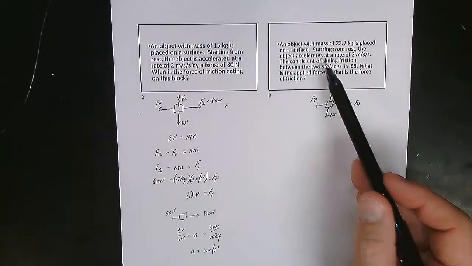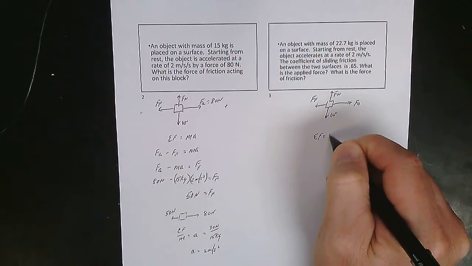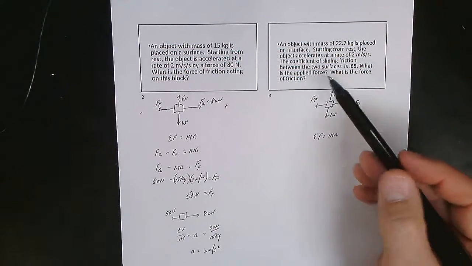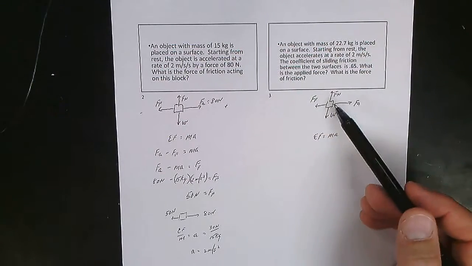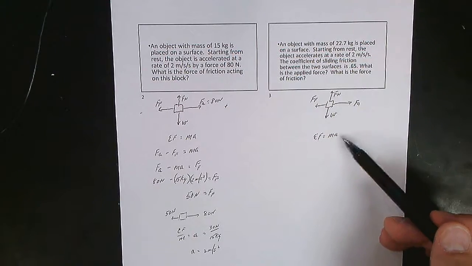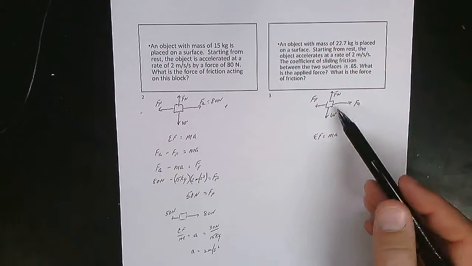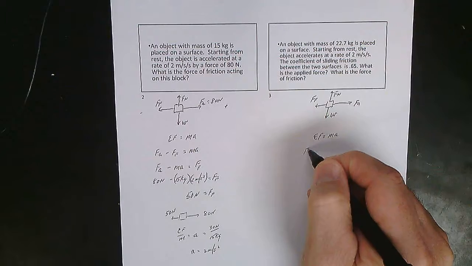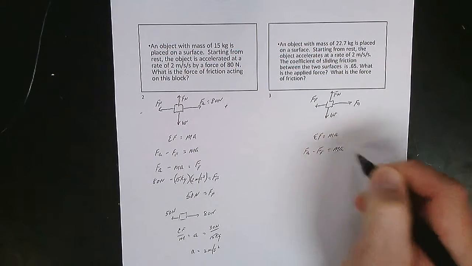Now the object is accelerated, so we know that the sum of the forces equals m times a. Now, if this object were moving at a constant speed, we would still draw the same picture, but the sum of the forces wouldn't equal ma anymore. It would equal 0. We've got our same sentence, right? Applied force minus friction force is equal to m times a.